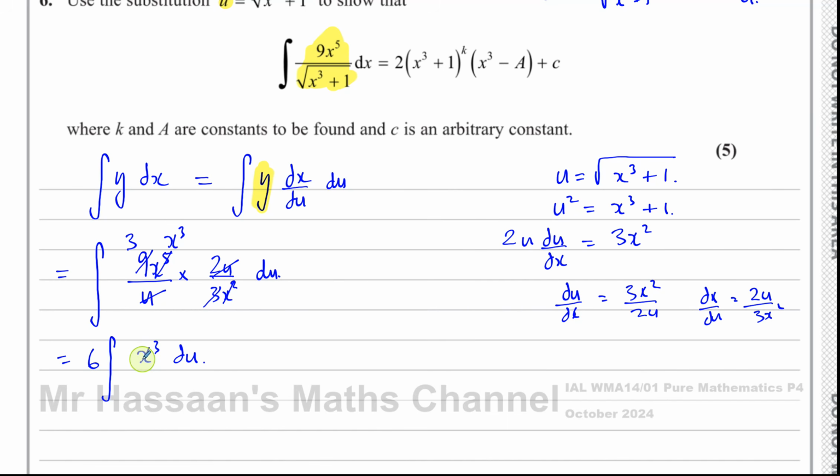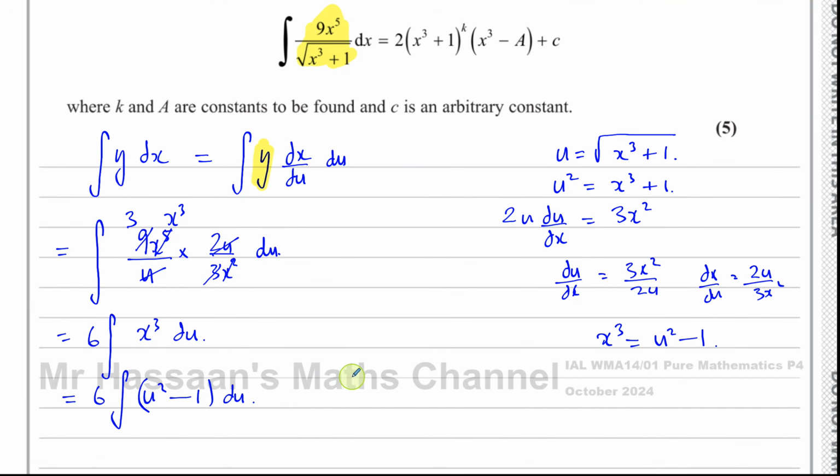But I have to make this in terms of u, which is quite easy, because x cubed is equal to u squared minus 1. I can replace x cubed with u squared minus 1 to have 6 times the integral of u squared minus 1 with respect to u. So that became really easy.